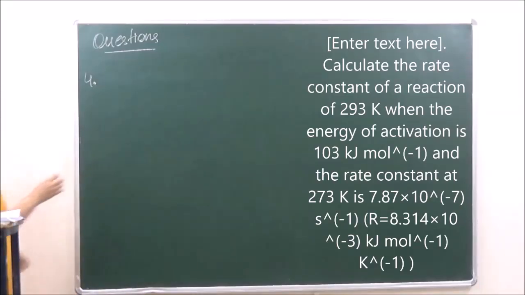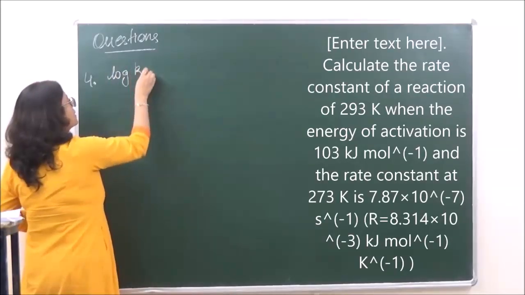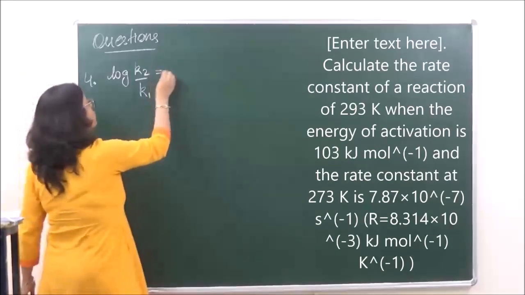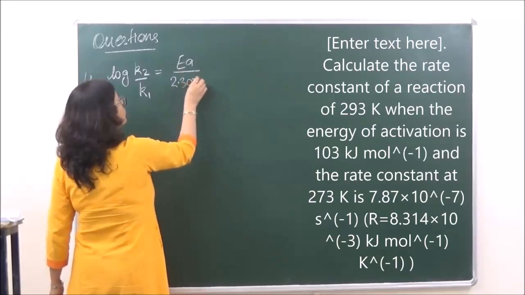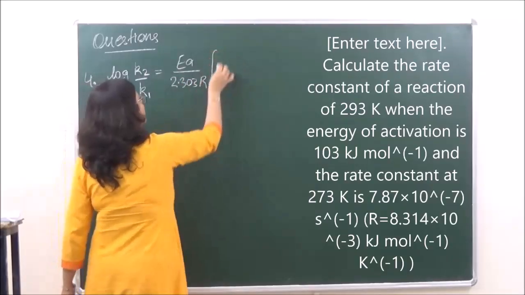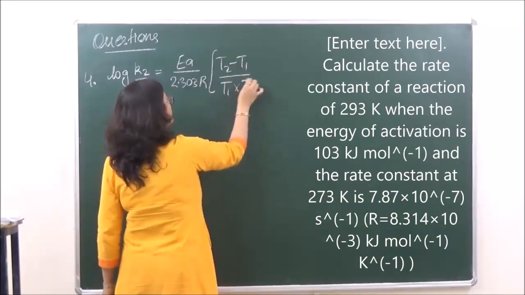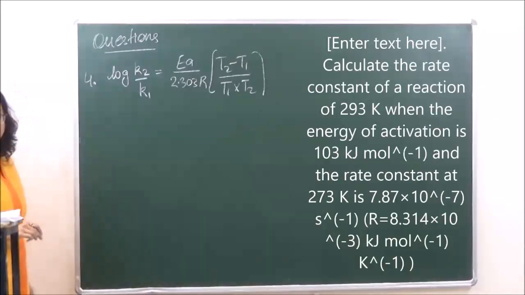So according to the Arrhenius equation, log of K2 upon K1 is equal to EA upon 2.303 R into T2 minus T1 upon T1 into T2. Okay? Now the value of K1 is given to us.